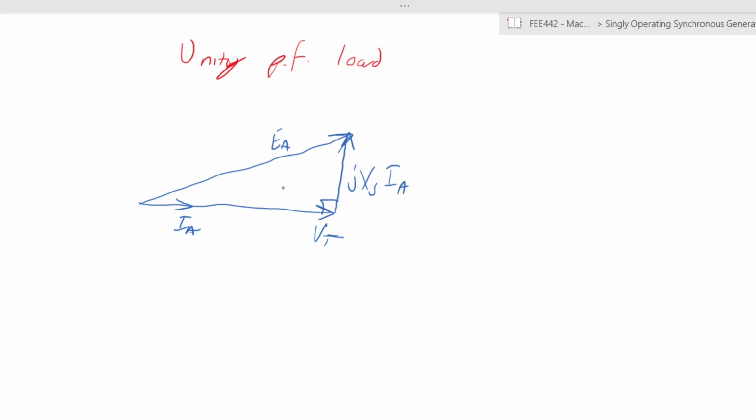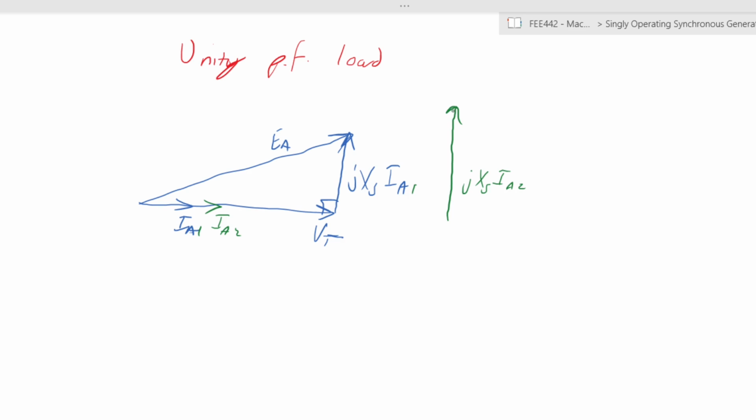Same conditions apply. It is an instantaneous increase in load. Maybe for clarity, we say the second ones are in a different color. So let's call this IA2. This is IA1, right? So when you increase IA2, your JXSIA increases.